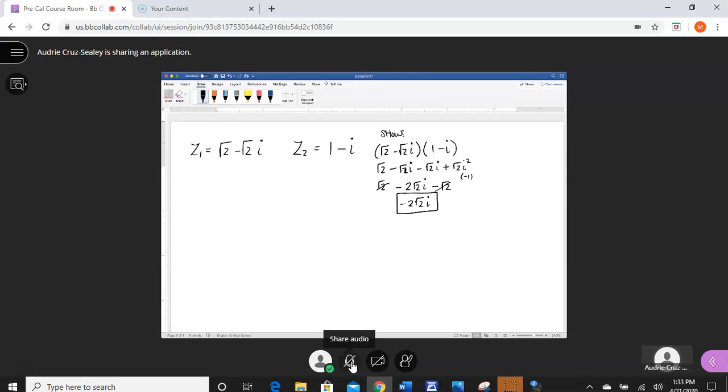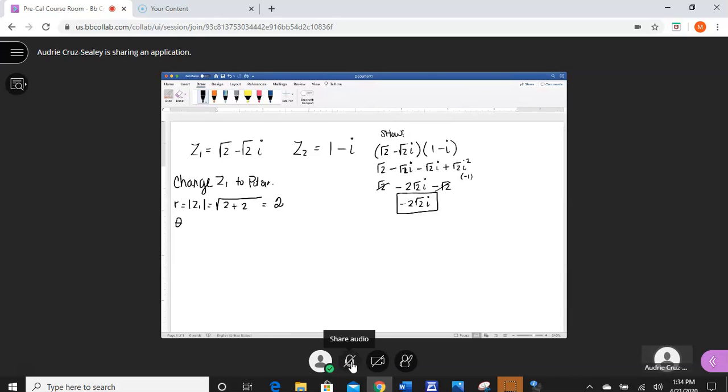So the first we're going to change Z1 to polar. So let's do that first. Hopefully we remember this from yesterday: if you change Z1 to polar, first we have to find r, which is the absolute value of Z1, which gives you the square root of 2 plus 2, right? Wouldn't that just equal 2?